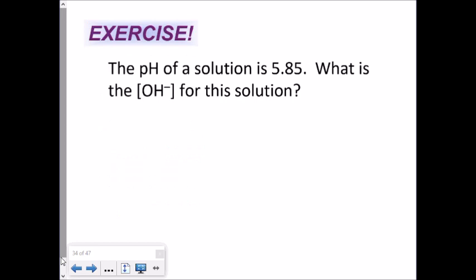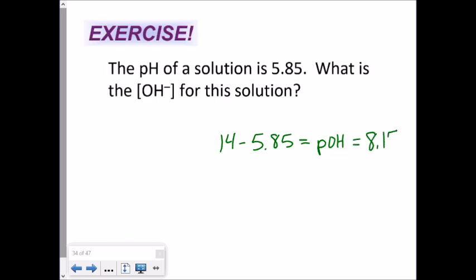All right, pH of a solution is 5.85. What's the hydroxide concentration? Once again, we're looking at the same number, but working toward a different quantity. So what could you do here? Yes. I would do that too. I would do 14 minus 5.85 and get my pOH. What do you get for your pOH? 8.15.